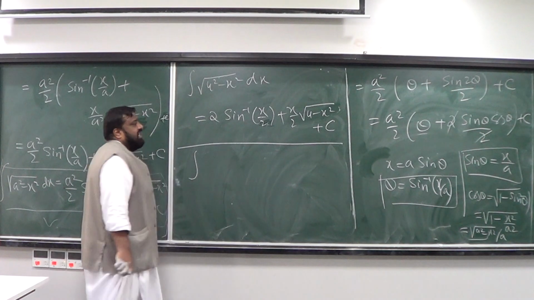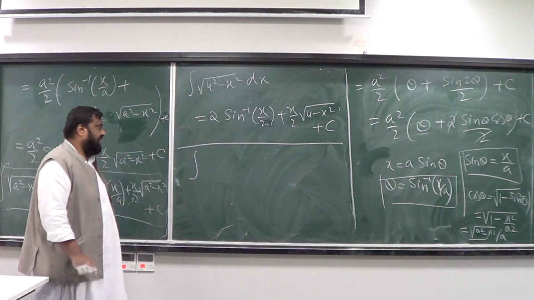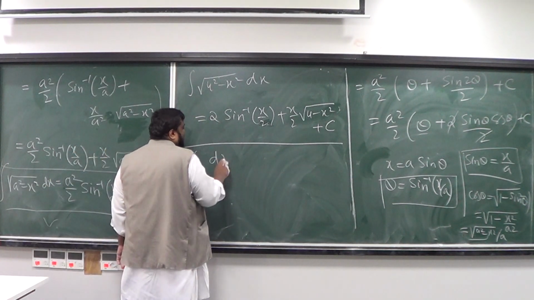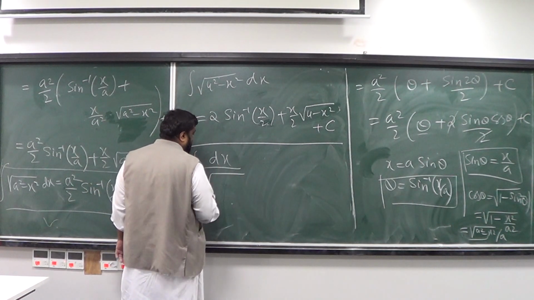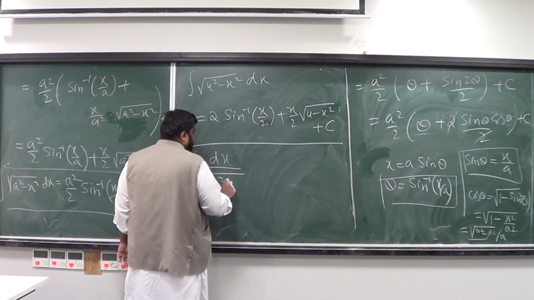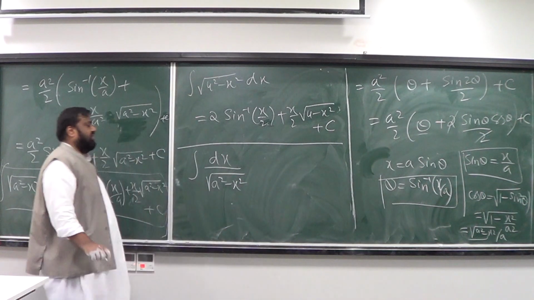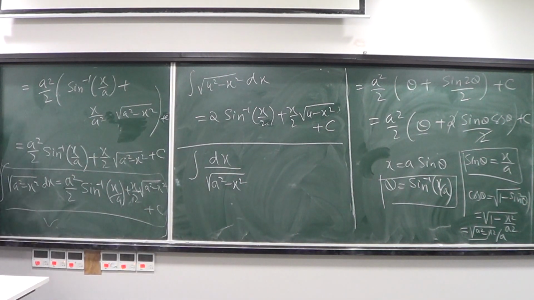One thing that I would like to give you as an exercise: what if you have this situation, dx by the square root of a square minus x square? How are you going to solve this? You have two ways of doing it.